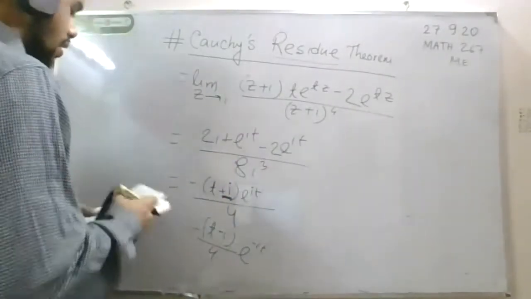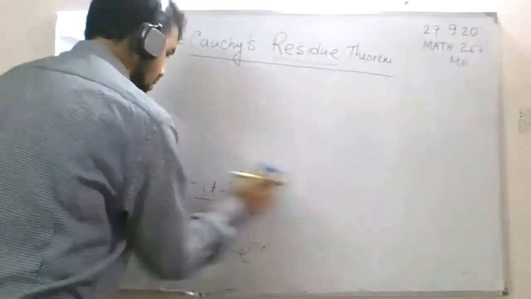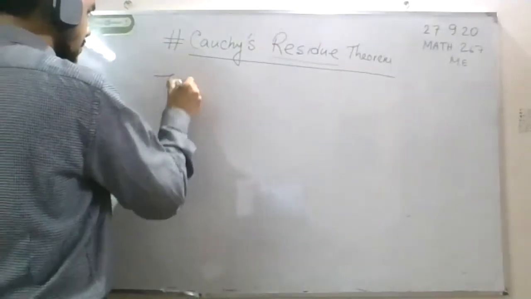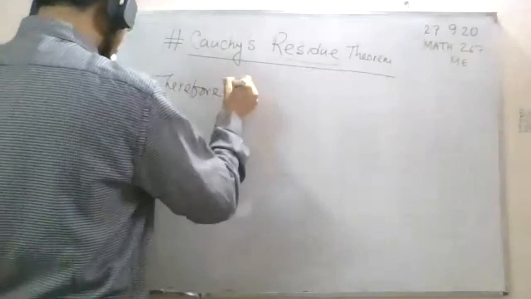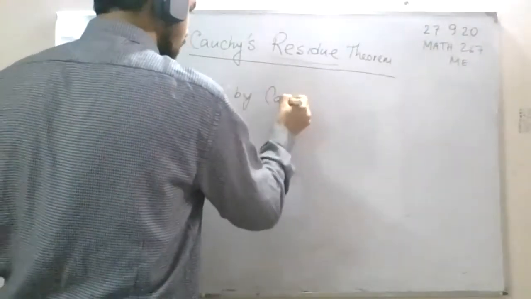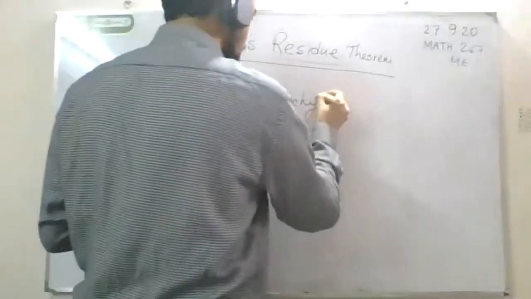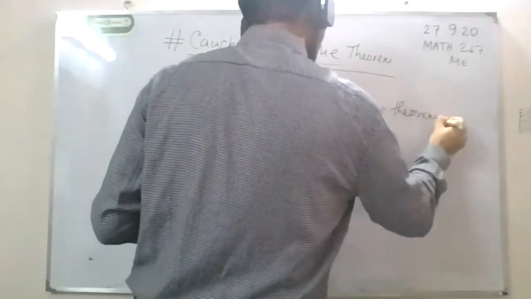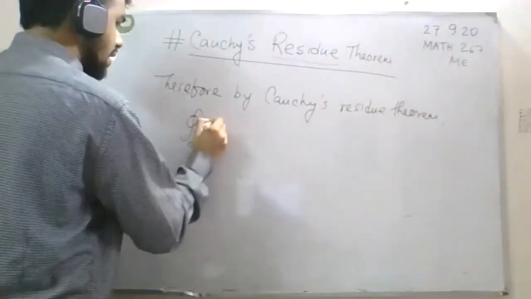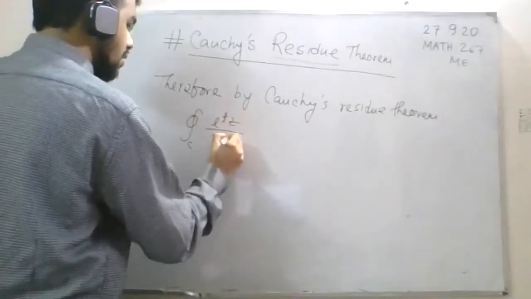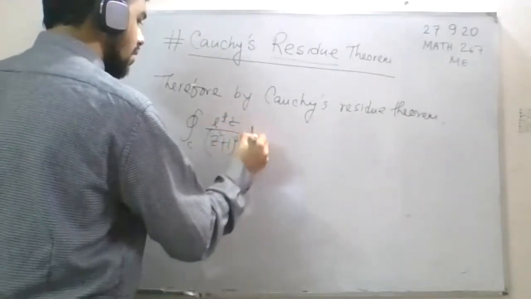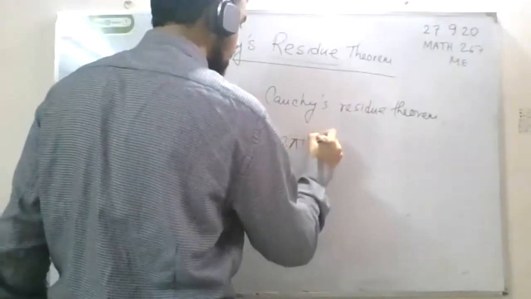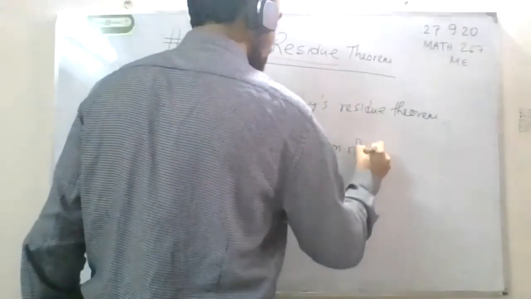Now by Cauchy residue theorem, the integral of e to the power tz over (z square plus 1) whole square dz equals 2 pi i times the sum of the residues.